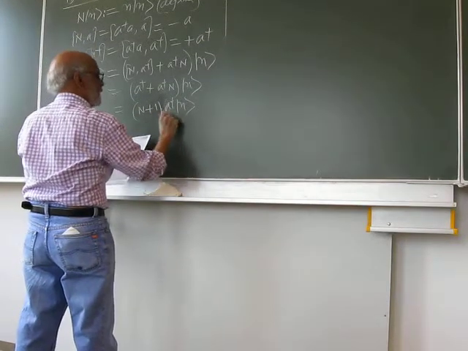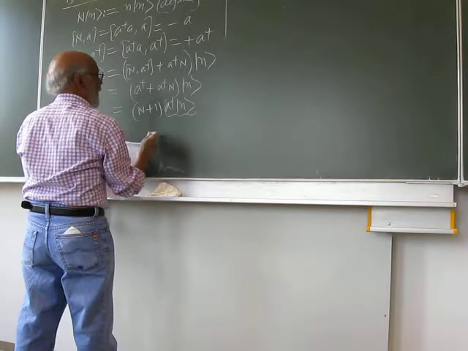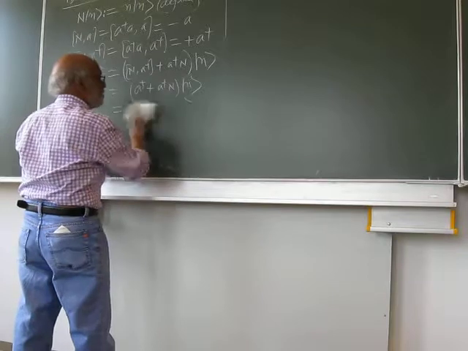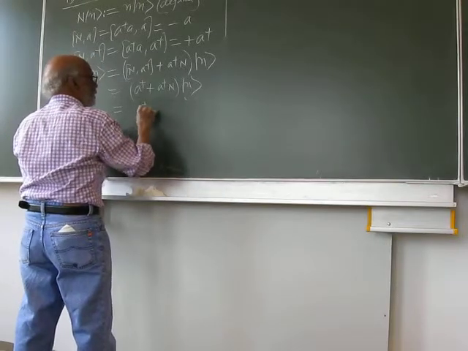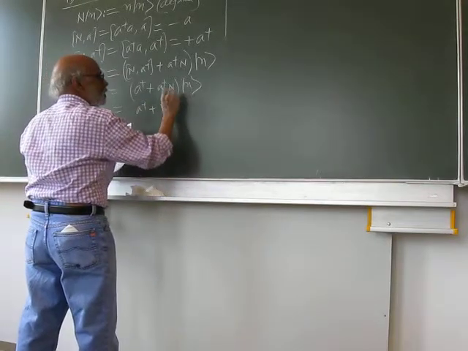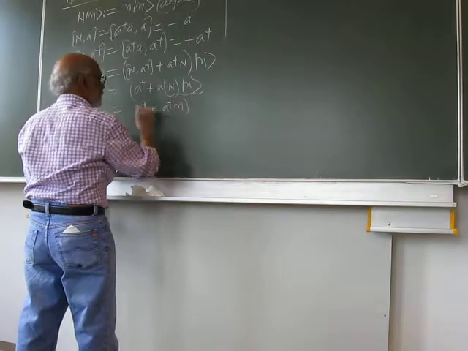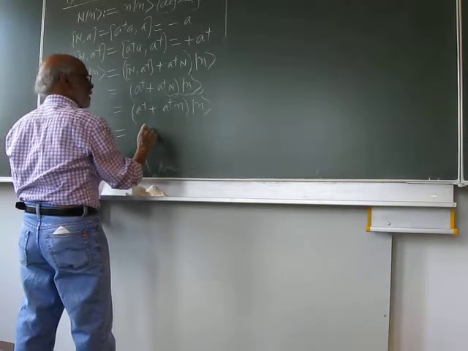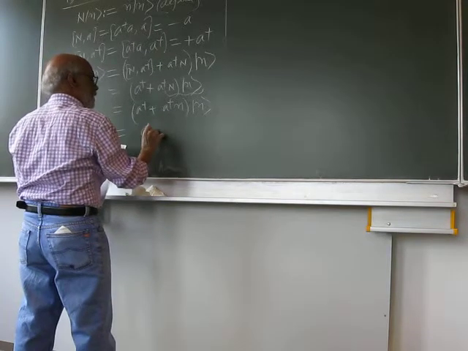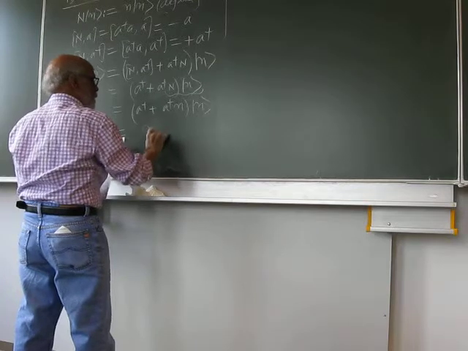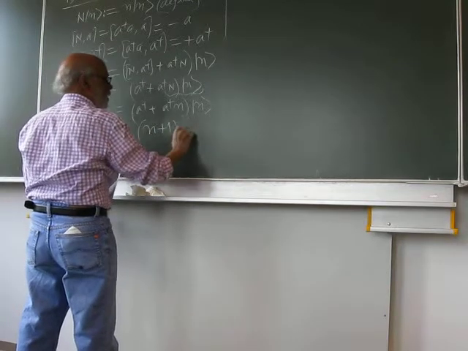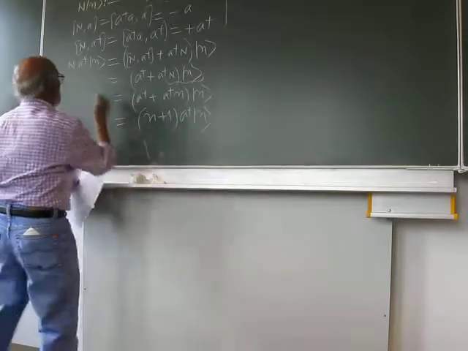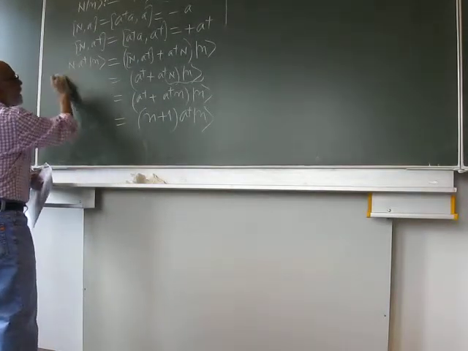In the first step, I should change it to A dagger plus A dagger n. This would give me little n here times n, and this would give me n plus 1 A dagger n.